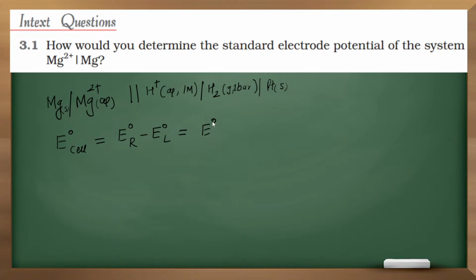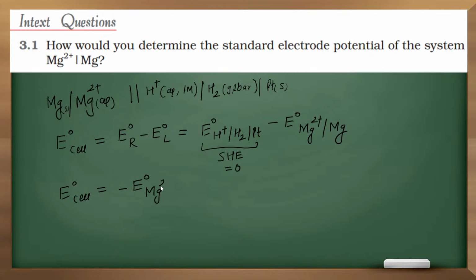And what is E naught right? E naught H+ minus E naught Mg2+/Mg. And you know, this is the standard hydrogen electrode and its value is 0. So E naught cell is minus E naught of Mg.